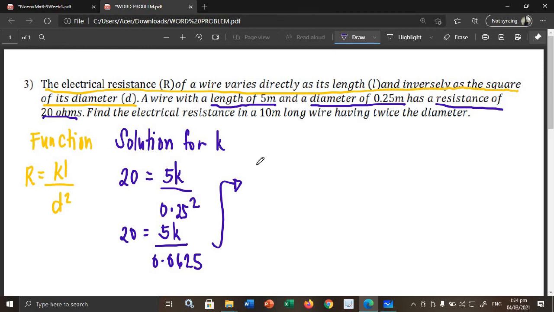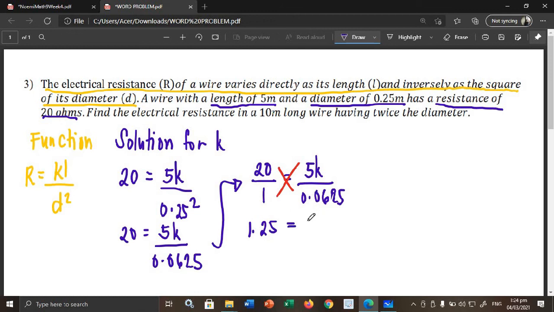Continuing the solution, to find the value of K, let us assume that the denominator of 20 is 1. Okay, equals 5K, and then we have 0.0625 there. And then you need to cross-multiply. So, we cross-multiply 20 times 0.0625, that is equal to 1.25, okay?